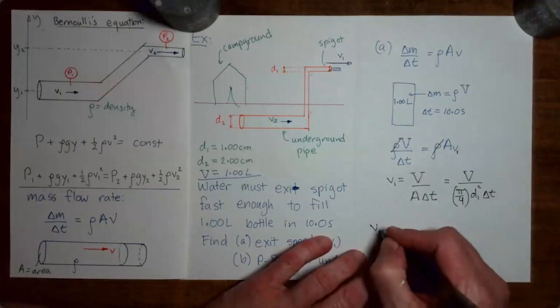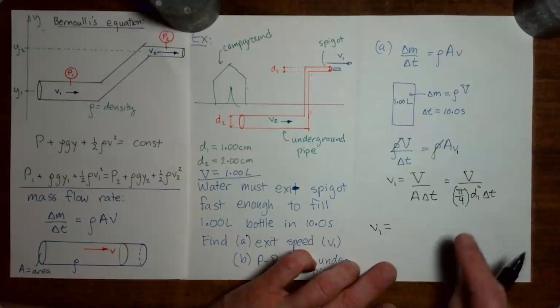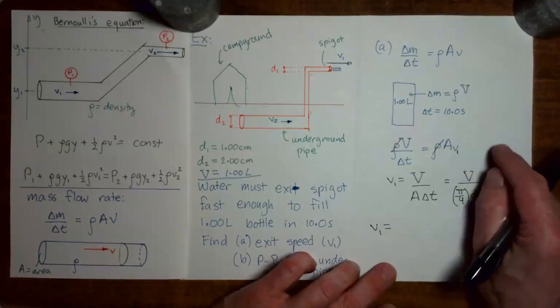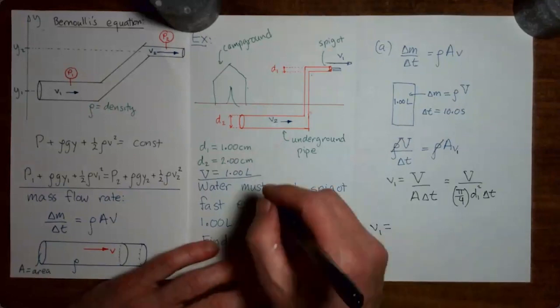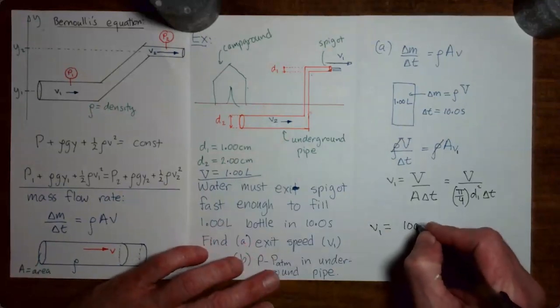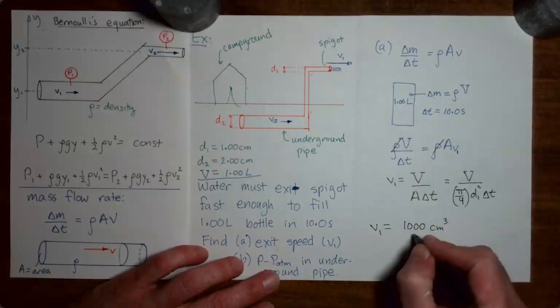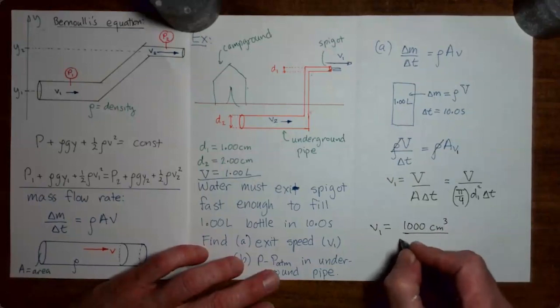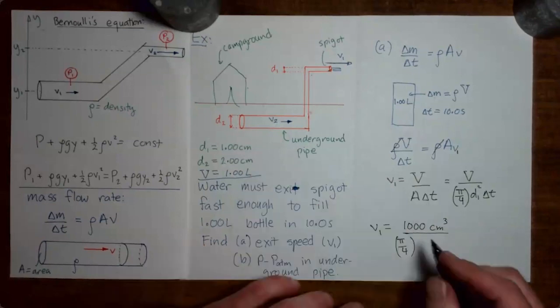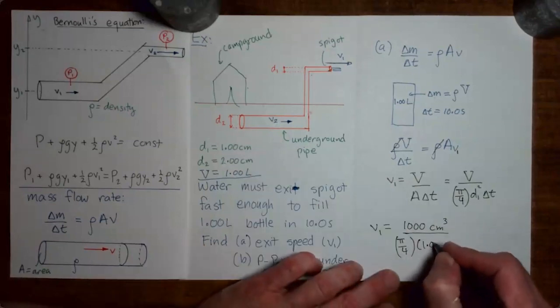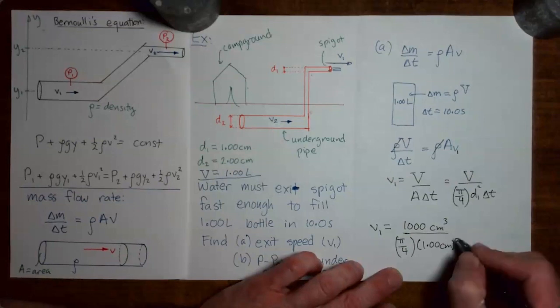So now let's make our substitutions. So we have V1 equals the volume. So the volume is 1 liter. 1 liter is equal to 1,000 cubic centimeters. In the denominator, we have pi over 4, diameter 1 centimeter, and squared.